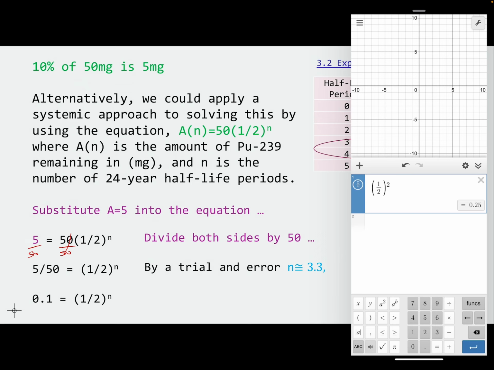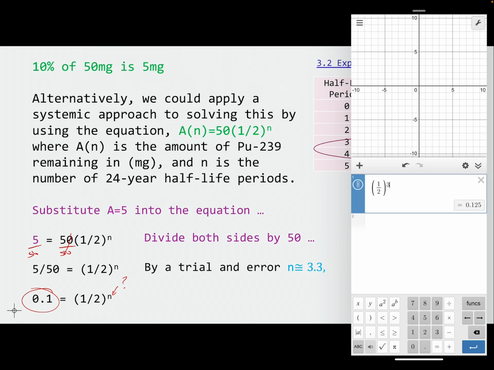So I'm trying to get something that's 0.1, right? I'm trying to figure out what n needs to be so that I get 0.1. If I make this higher, like 4, I get 0.06. Well, that's too small, because I just want 0.1. If I put in 3, notice I'm pretty close to 0.1.